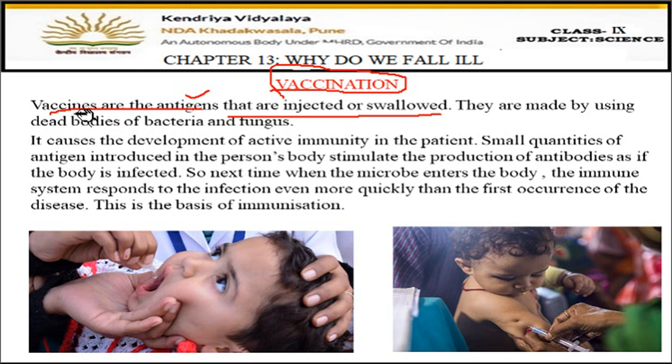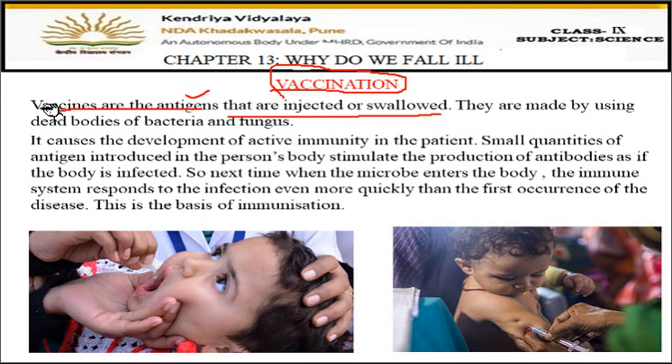That's why we say that vaccines are antigens. When you take medicines, the body does not start making antibodies. But antigens are special proteins which, once taken inside the body, are helpful in the production of antibodies.